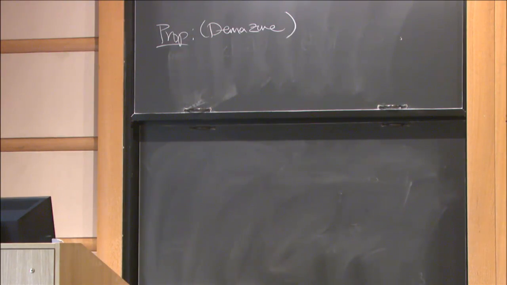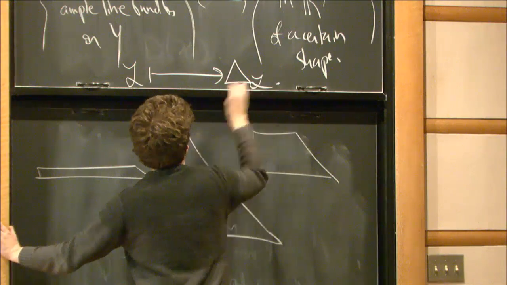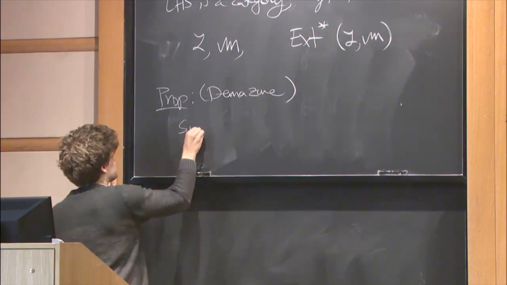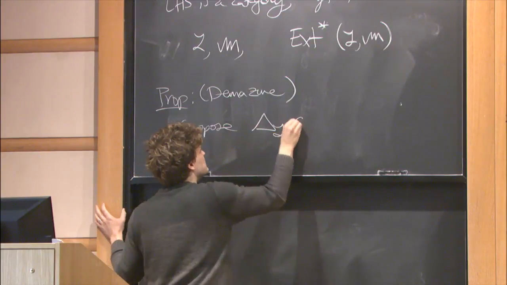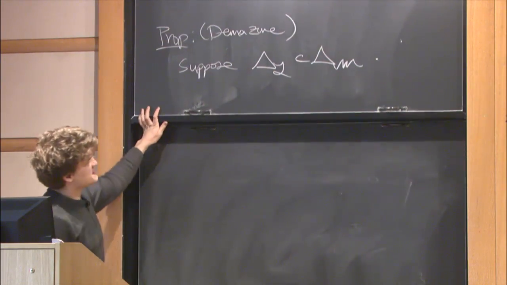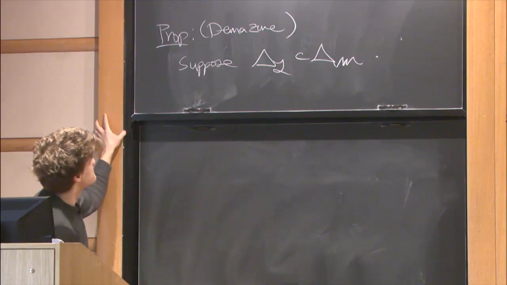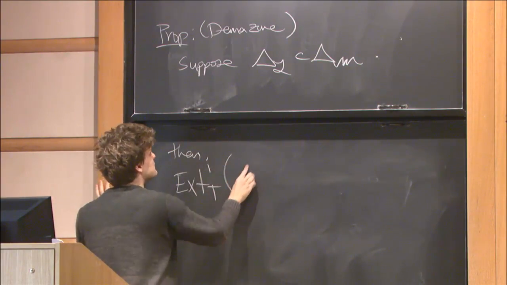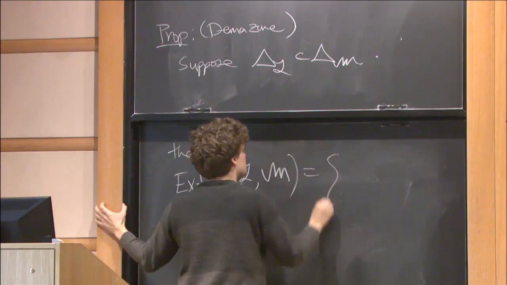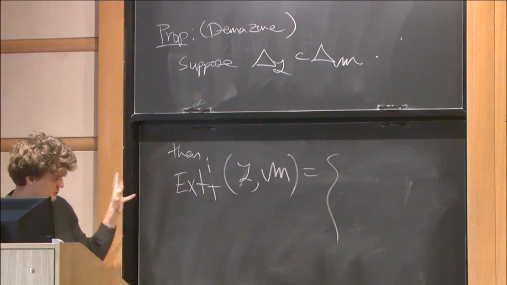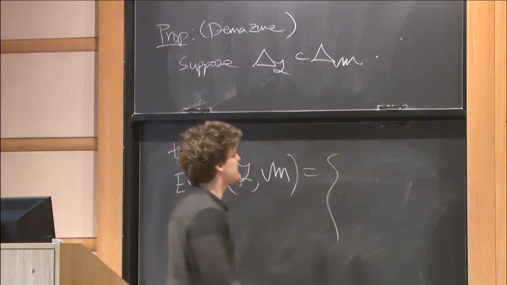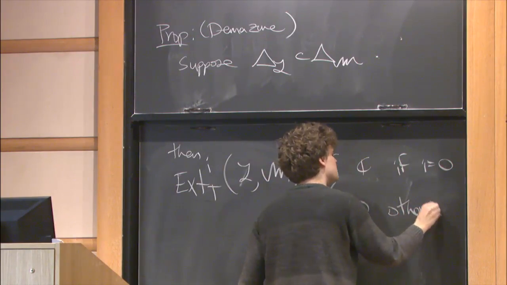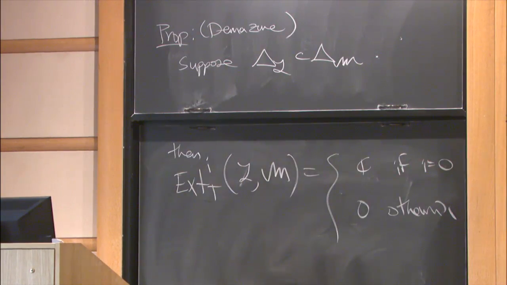Call this bijection delta. Send a line bundle L to a polytope delta L. So first of all, suppose that the polytope associated to L is contained in the polytope associated to M. Then the Ext group, well, the torus equivariant Ext group from L to M is concentrated in degree 0, where it's one-dimensional.